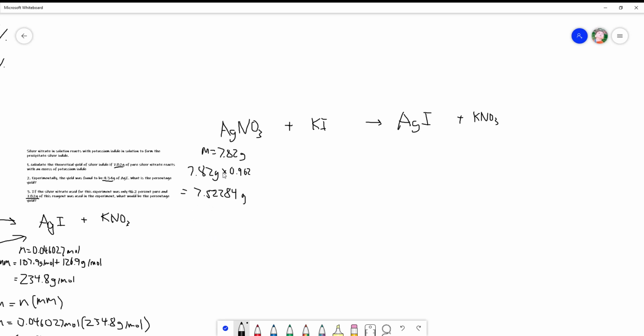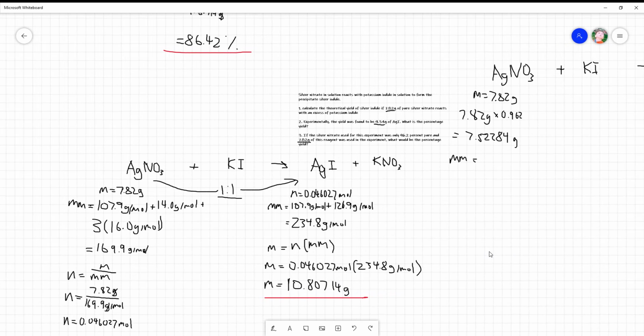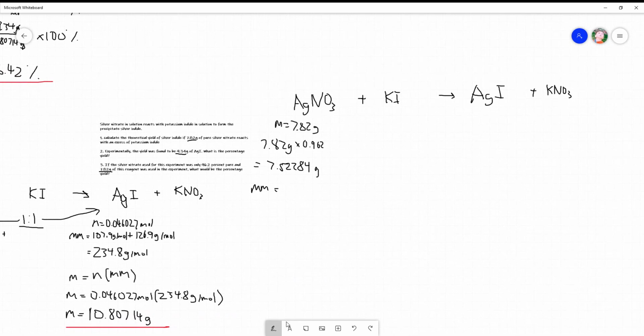And then once again, we can calculate the molar mass of silver nitrate, but we don't have to calculate it because we've already done that over here, which is 169.9 grams per mole. And then we can find the number of moles, which is mass over molar mass.